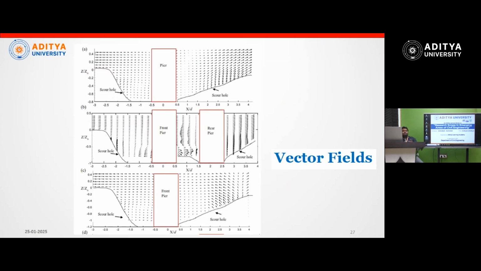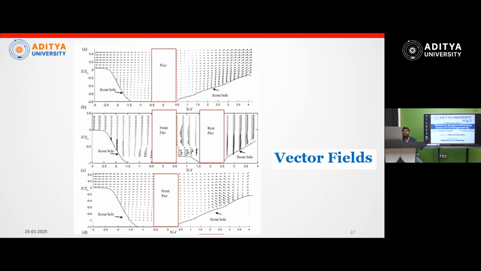So these are the vector fields I drew. Streamlines and vector fields are almost the same, but in the streamline I can see only the direction, while in the vector field I can see direction and also the magnitude. If the arrow is very small, it means the velocity is small. If the size of the vector is large, it means the velocity is high.